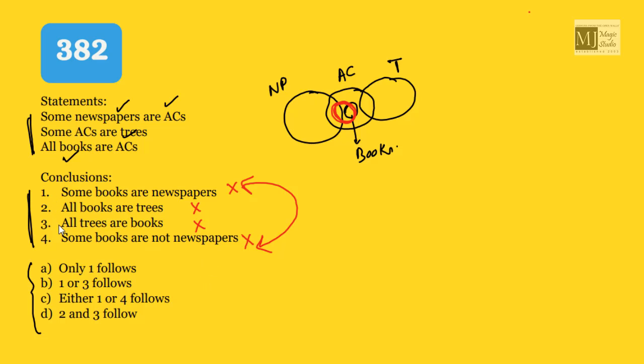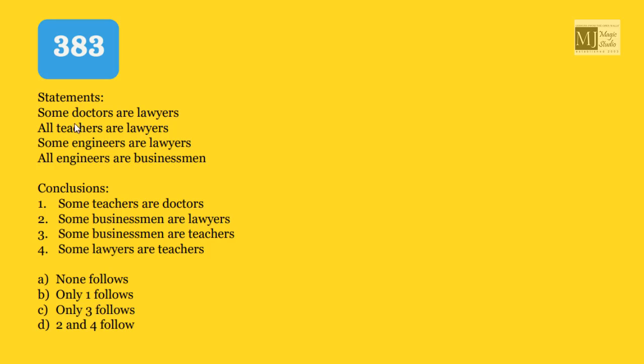That means conclusion 1 and conclusion 4 form a complementary pair. If some books are newspapers is correct, then in that case some books are not newspapers. That means either 1 or 4 follows, because conclusions 1 and 4 form a complementary set. Option C fits in.